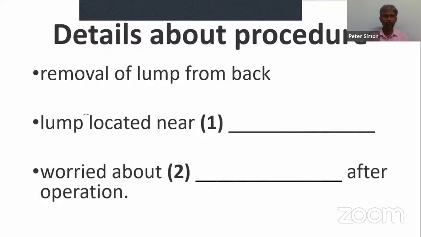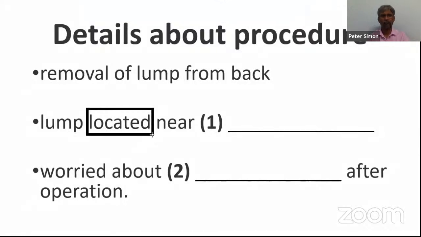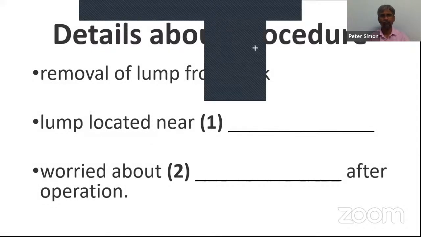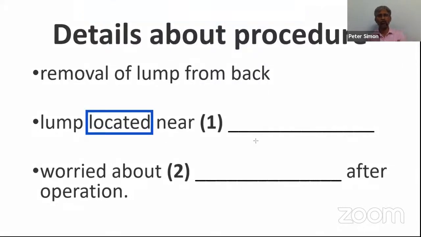Now let us see here. So this is the big word here. Lump located. Lump is not a new word. It's already there in the previous sentence.